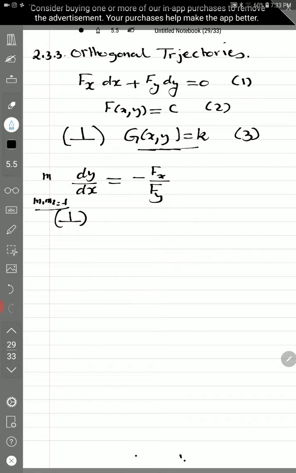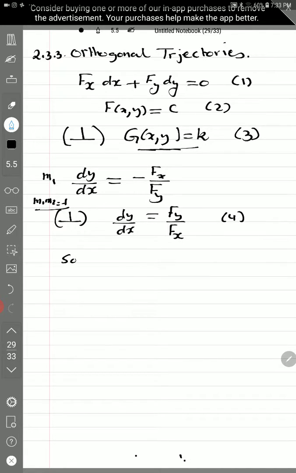This is m1, so you need to find m2, which will be dy by dx. By solving this equation, it will be just fy over fx, and this is 4.